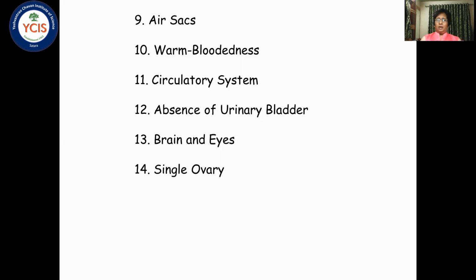Next is the absence of urinary bladder, except in Rhea americana, as we saw earlier. Except in Rhea americana, the urinary bladder is absent in birds, and excreta are passed out at once, and this helps in reducing the weight of the body.